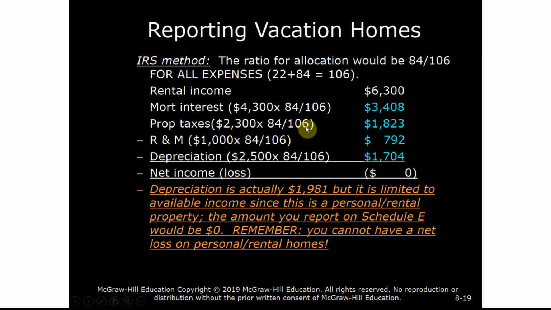You allocate all of your expenses based on the number of rental days divided by the total days used for personal and rental purposes. And you just use that ratio and multiply it by all your expenses. So here's an example where just the IRS method is used to allocate shared expenses between personal and rental use.